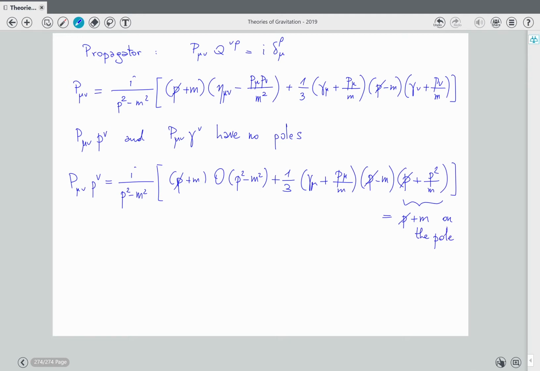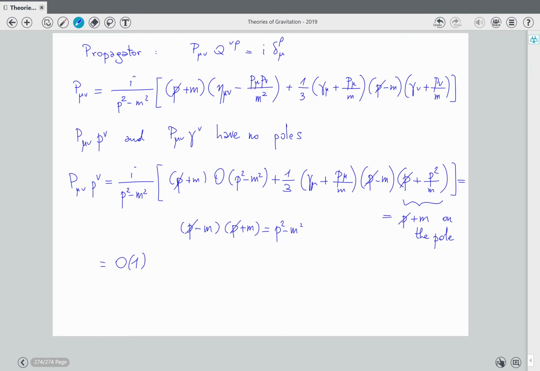But then when you multiply p slash plus m times p slash minus m, you have p squared minus m squared. That cancels the pole, and so this is order 1, and there is no pole.